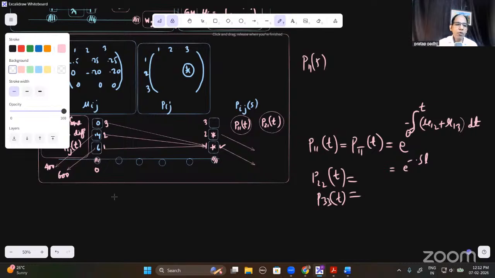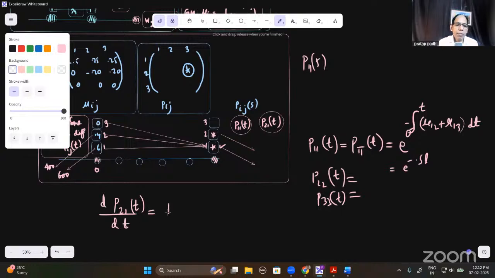Now suppose I want to get P12. Okay, 1, 1, 1 I'm finding. P11, P21. I want to find P21T. I will write d by dt, that is the Kolmogorov equation.